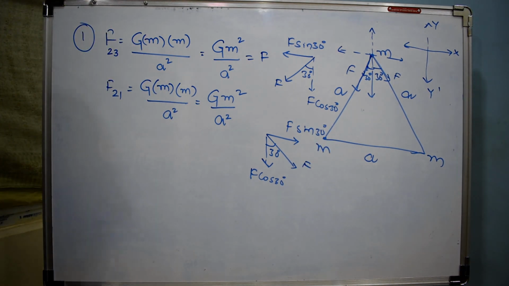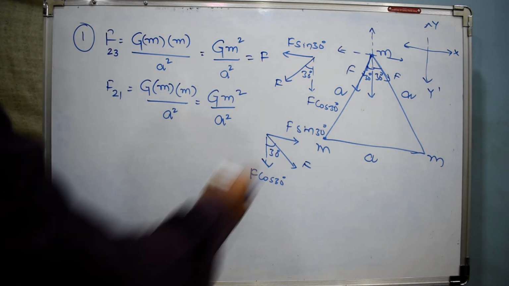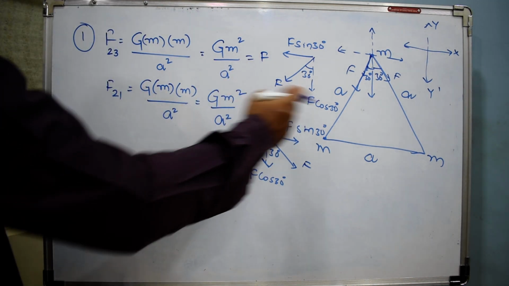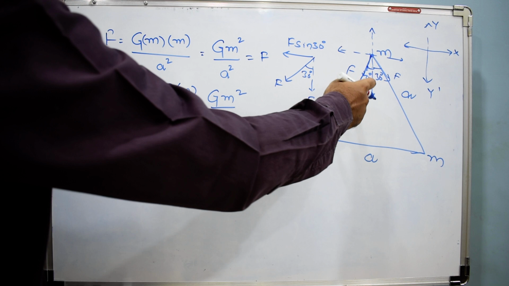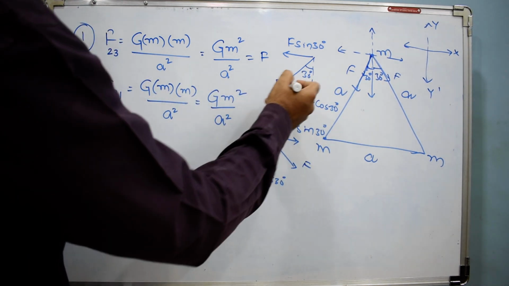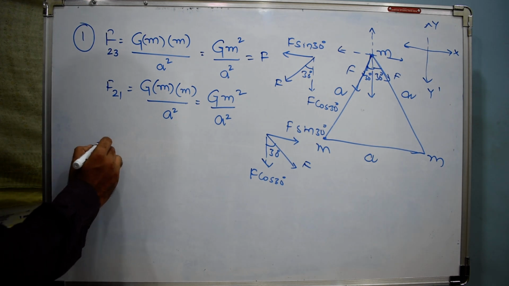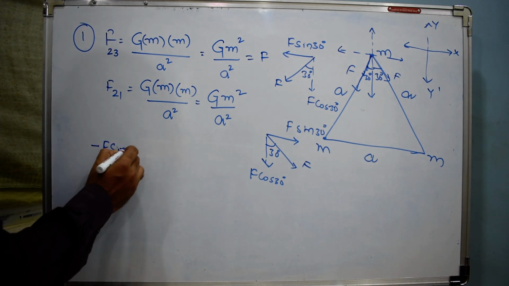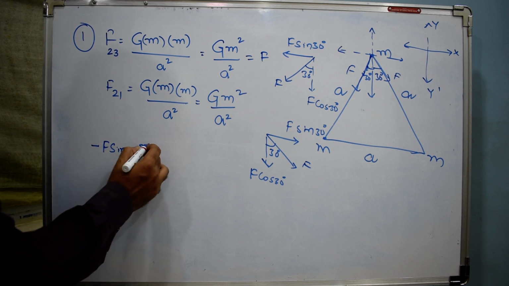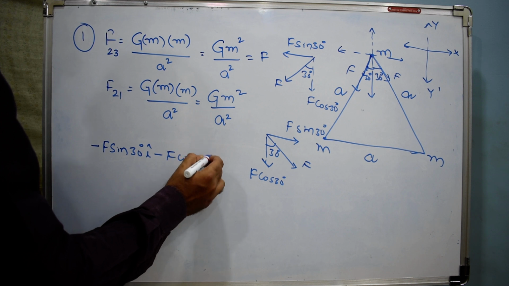So we can represent them in vector form, something like this. So this force, the first one, let's call this force the first one, can be represented as minus F sin 30 i cap minus F cos 30 j cap.